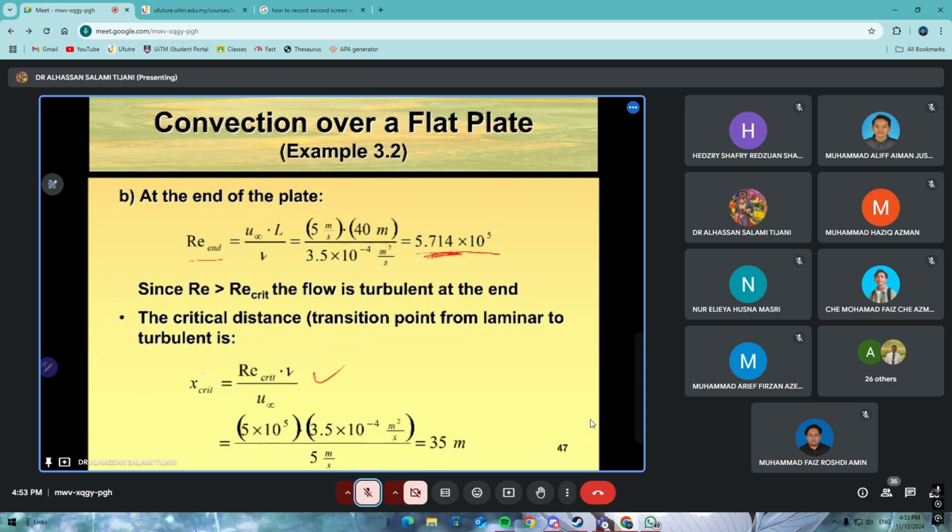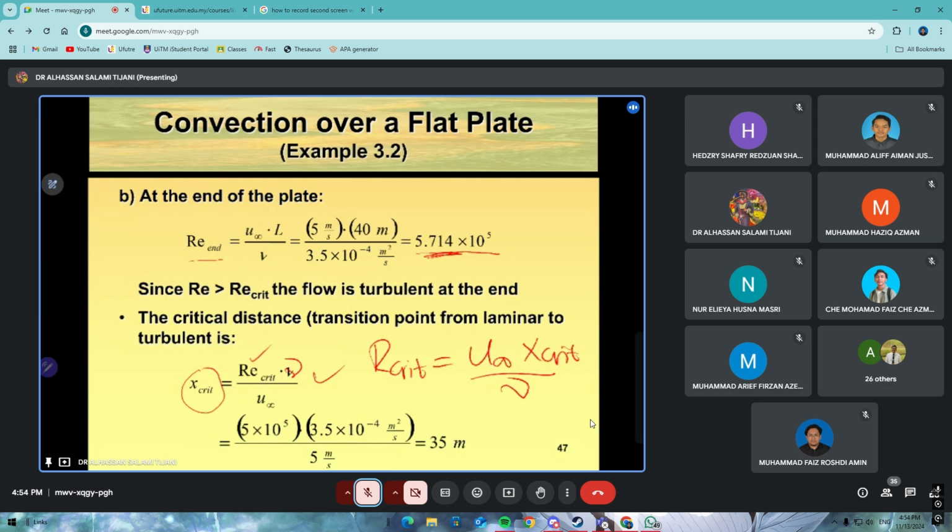Okay, so here we have X critical equals Re critical times the kinematic viscosity divided by the velocity. So now be careful. Re critical is an equation which is a function of the velocity of the fluid times the X critical divided by kinematic viscosity.